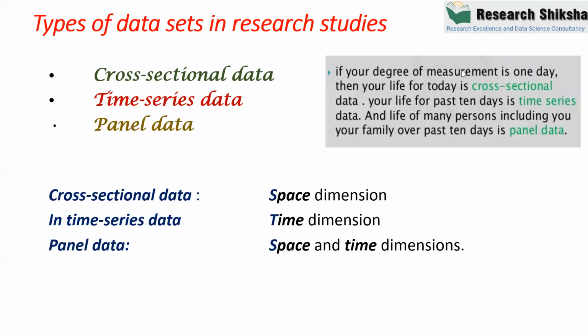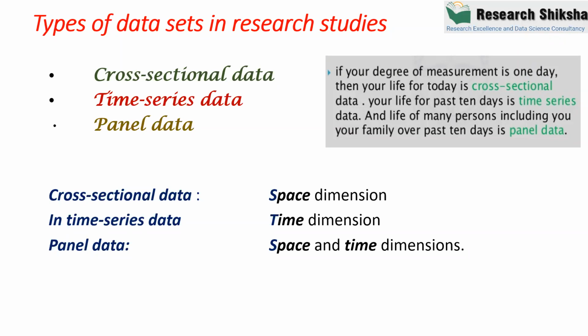So in the first case, we have the cross-sectional data, and whenever we analyze the data that belong to a particular period of time or moment of time. For example, all the data which you collect from the questionnaire is cross-sectional data, because you collect the data for a short period of time or a short duration of time.